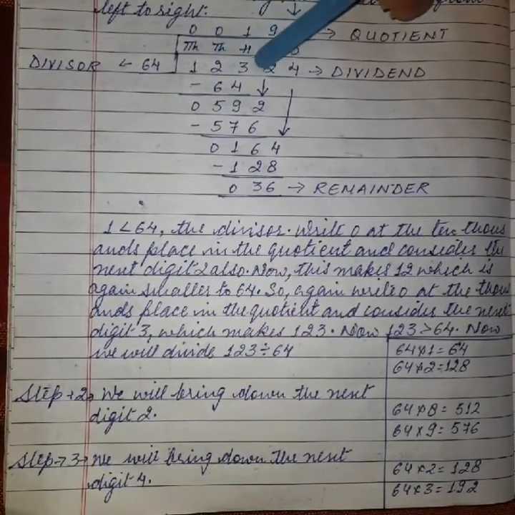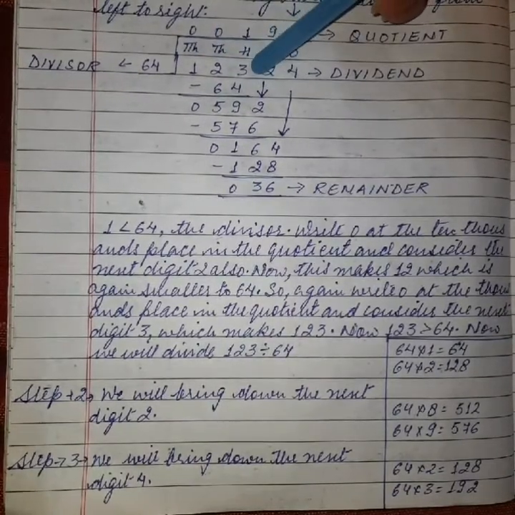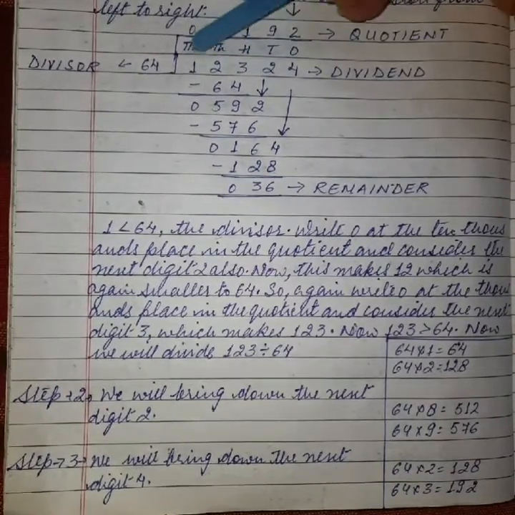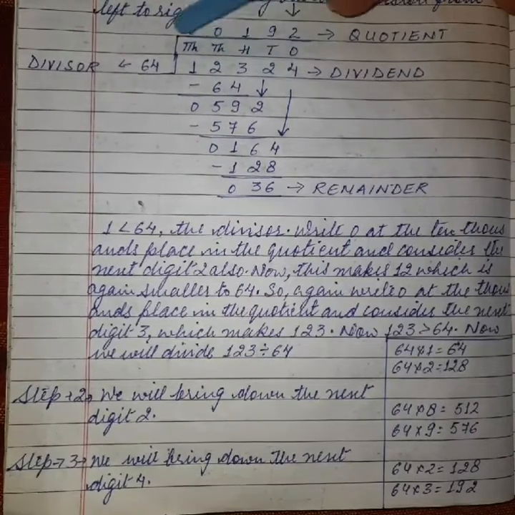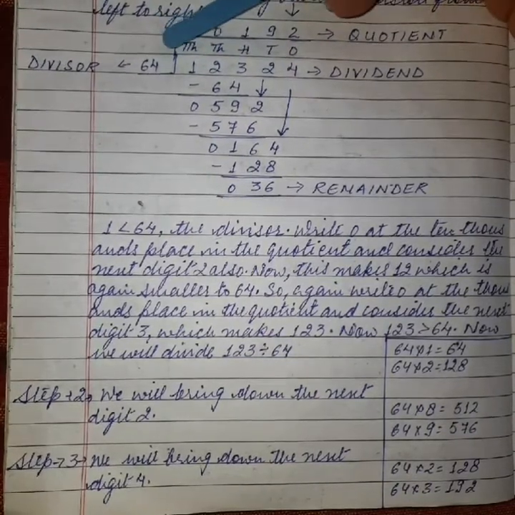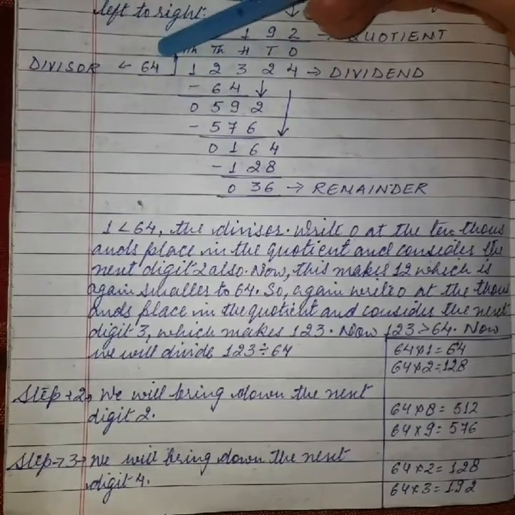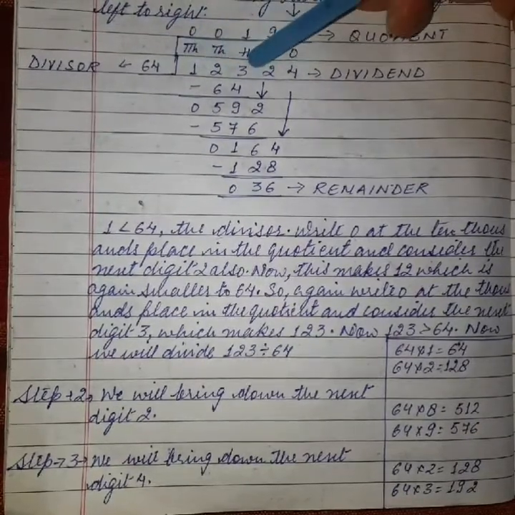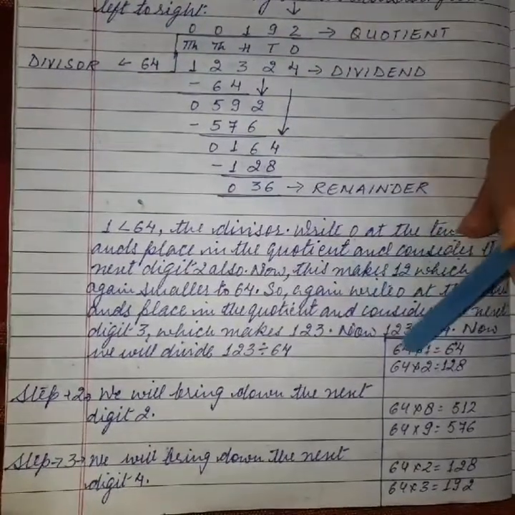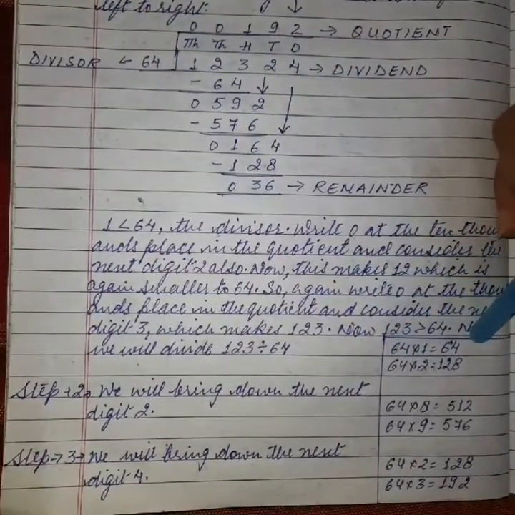Now we'll consider our third digit, that is 3. All the 3 digits will make 123, which is greater than 64, our divisor. Now we'll see how many times 64 goes into 123. 64 ones are 64.